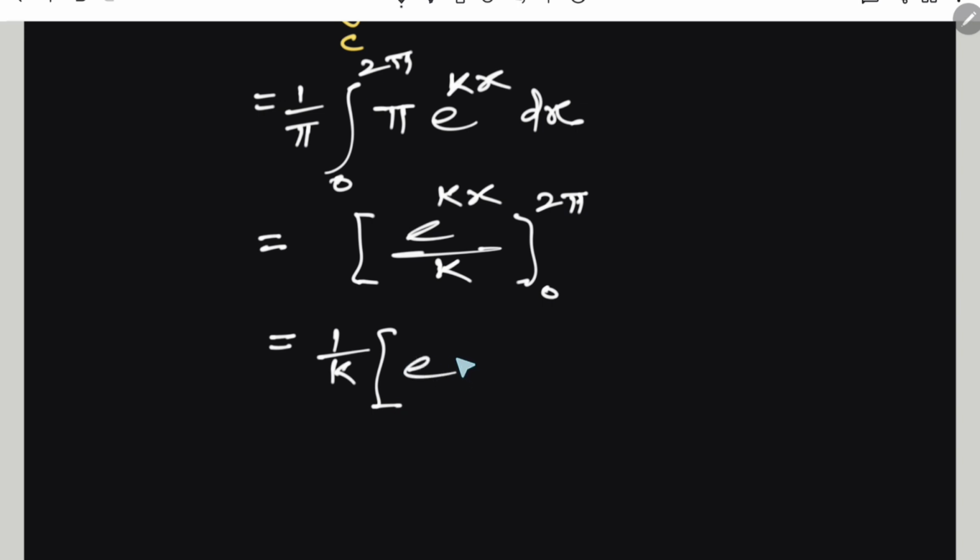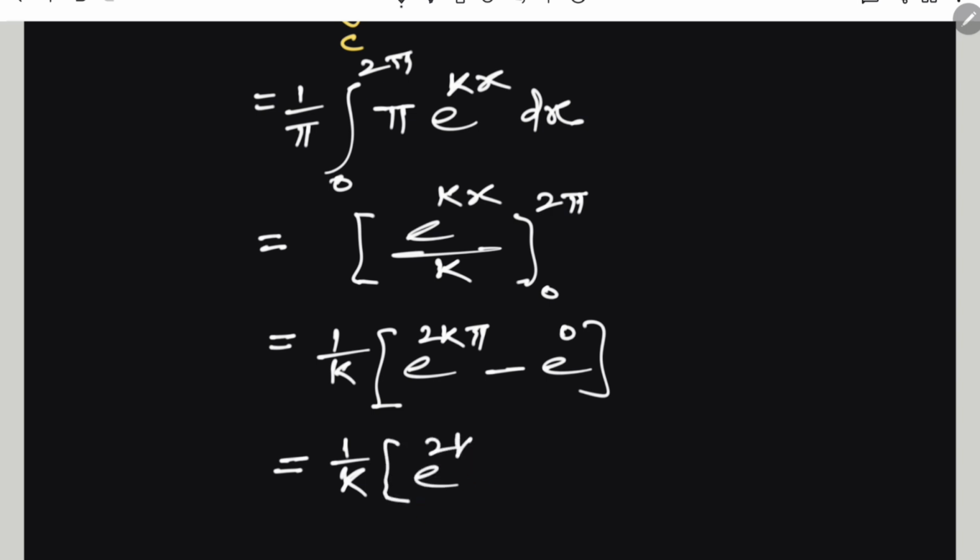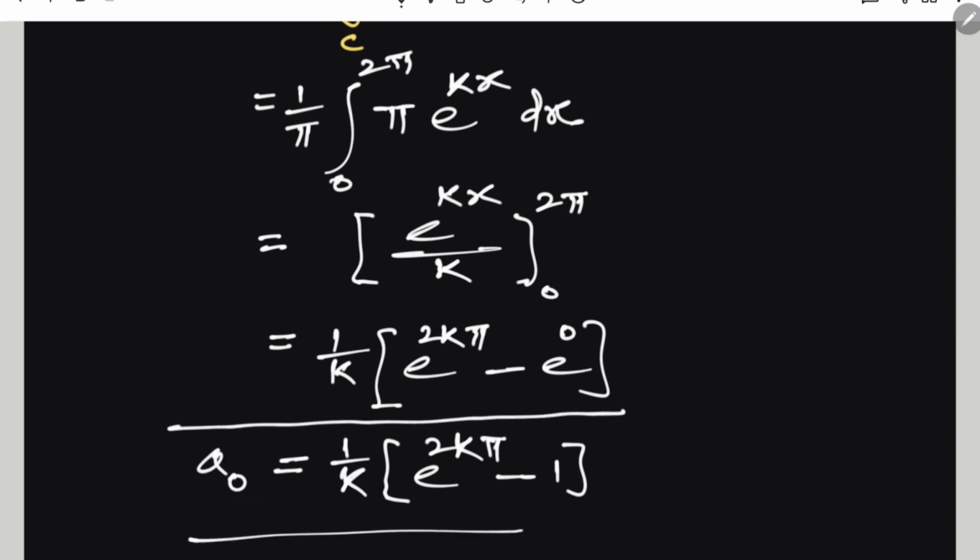Substituting the upper limit, it becomes e raised to 2k pi minus e raised to 0 for the lower limit, and therefore it is 1 by k multiplied by e raised to 2k pi minus 1. Equation number 2. This is the value of a0, first Fourier coefficient.